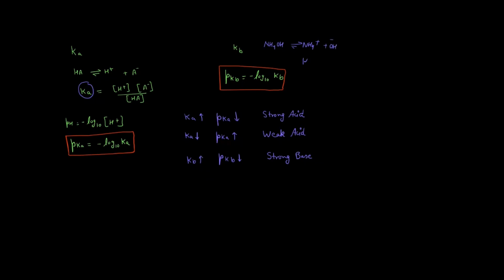I can write the Kb, equilibrium constant of base, as ammonium ion concentration multiplied by OH negative ion concentration over concentration of ammonium hydroxide. So if we have a strong base, we will have more concentration of ammonium ion and more concentration of OH negative ion, and then pKb will be less and we will have a strong base. Now if Kb is low, the pKb value will be high, and in that case we will have a weak base.